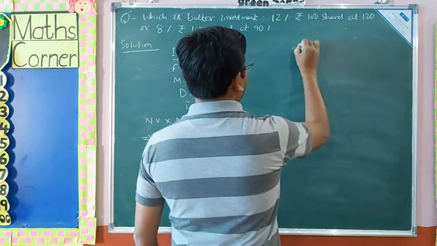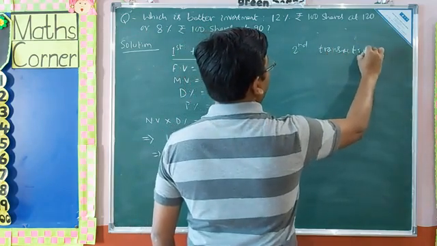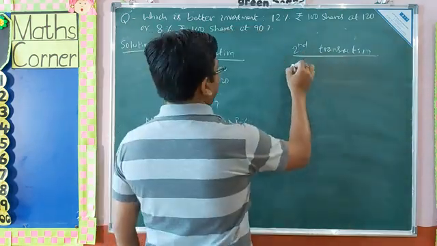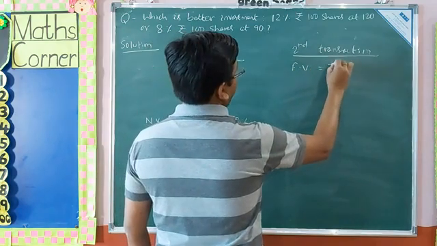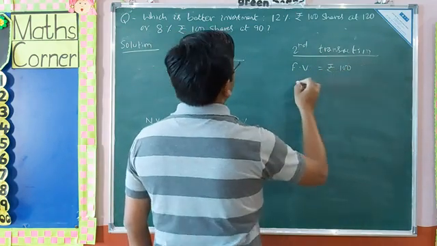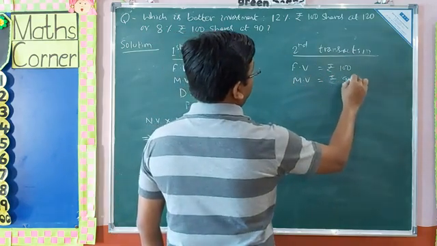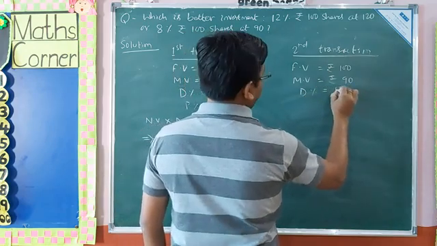Now the second transaction, we have face value equal to rupees 100, then market value rupees 90, and dividend percent we have 8.